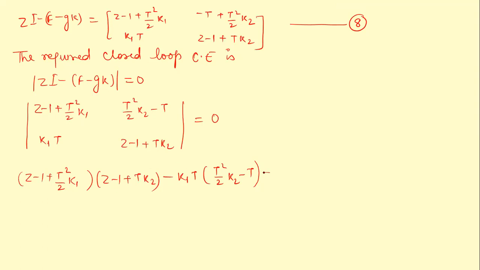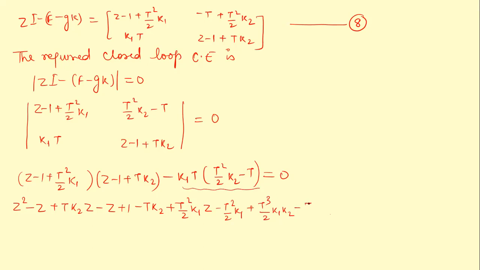So we have this equation, and we'll put it equal to 0. We have z squared minus z plus T K2 z minus z plus 1 minus T K2 plus T squared by 2 K1 z, and then we have minus T squared by 2 K1, then plus T cubed by 2 K1 K2, then we will open this one.